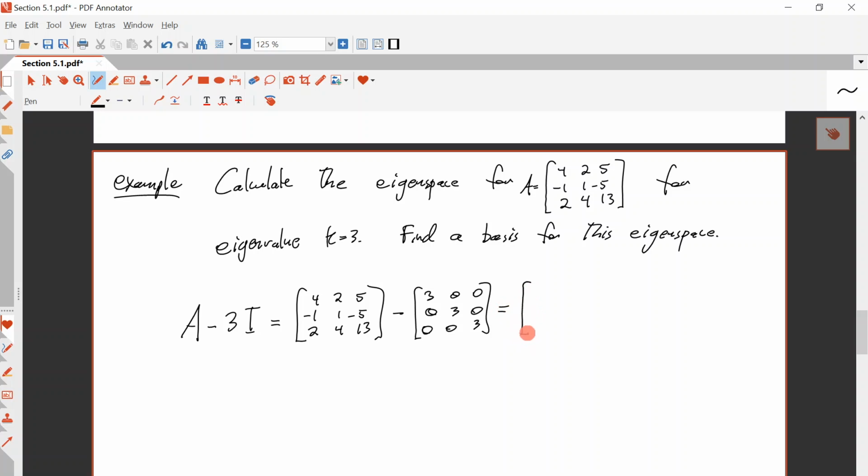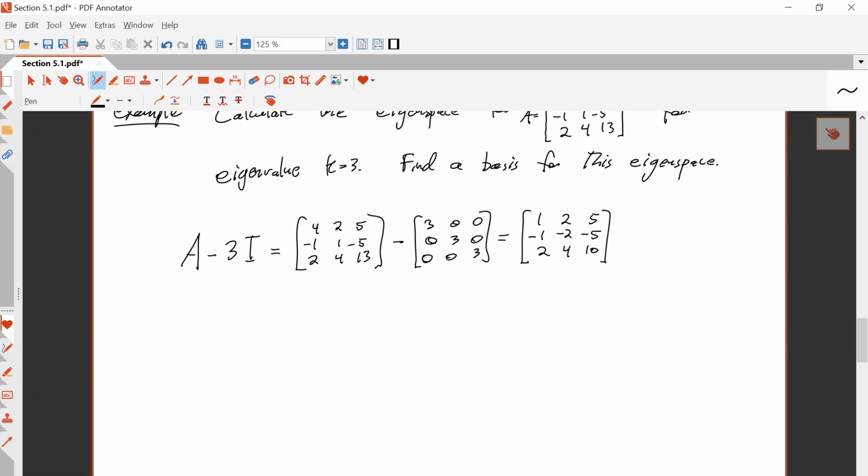So this is equal to 4 minus 3 is 1, 2, 5, minus 1, 1 minus 3 is minus 2, minus 5, 2, 4, 13 minus 3 is 10. Right? So we want to calculate the null space of that.